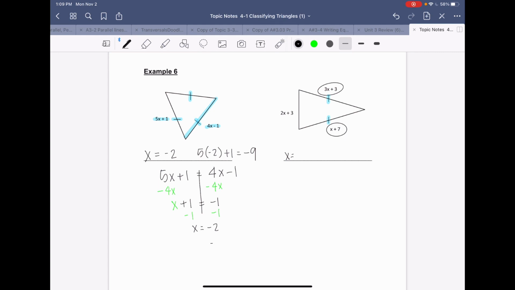And then in order to actually find out what the side lengths are, I need to plug it into x plus 7 and x plus 3. Once you find x, you're going to plug it into this one and this one to find both values of the side lengths.